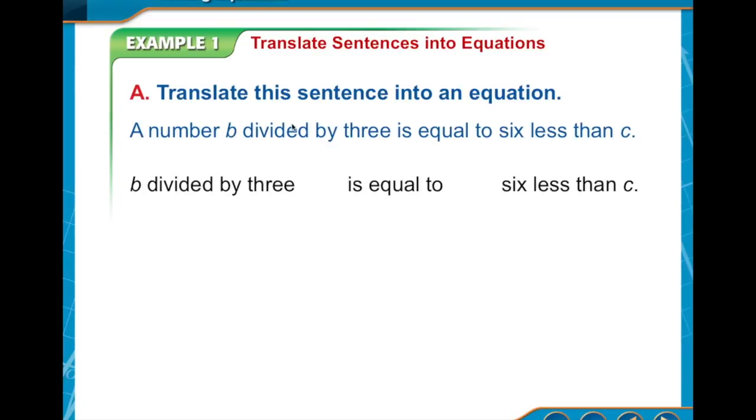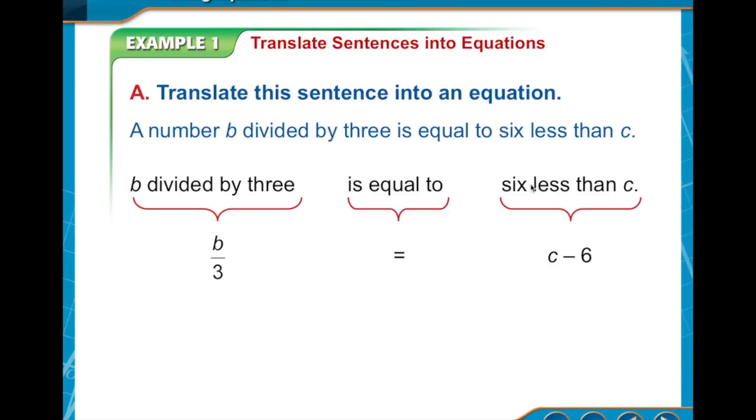So a number b divided by 3 is just b divided by 3 is equal to, there will be an equal sign. 6 less than c is going to give us another term over here. So if we think about that, we'll get the following terms. B divided by 3 as a fraction equals 6 less than c.